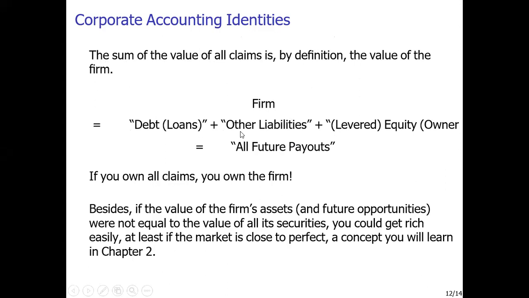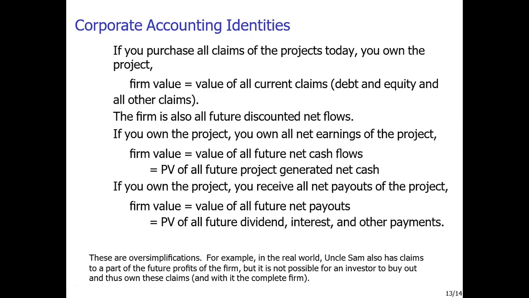So if you own all the claims here, you are the owner of the firm. If you purchase all claims of the projects today, you own the project. So firm value equals value of all current claims, debt and equity, and all other claims.